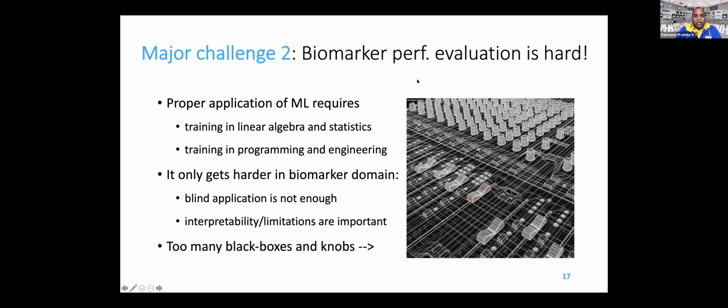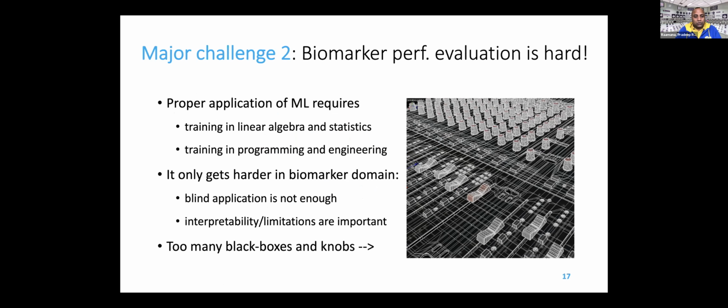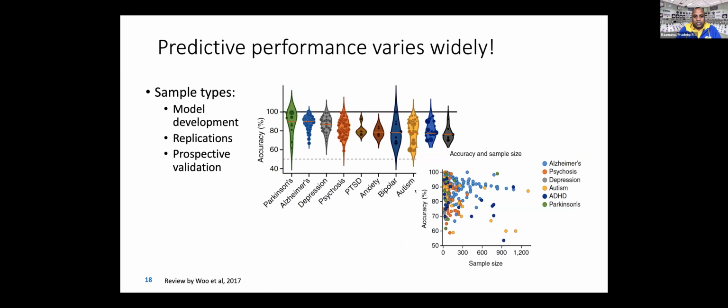So to help solve this issue, we can see this turning-all-knobs approach reflected in the nice review presented by Wu et al.